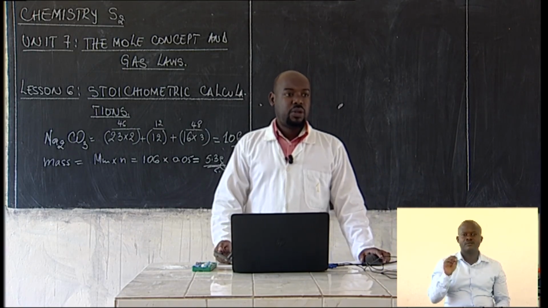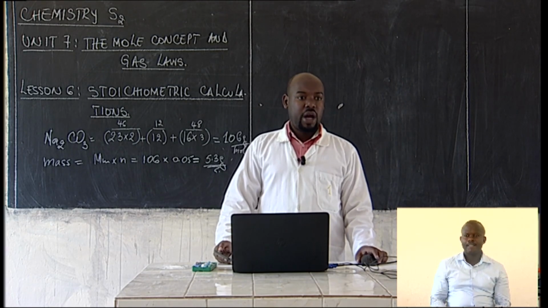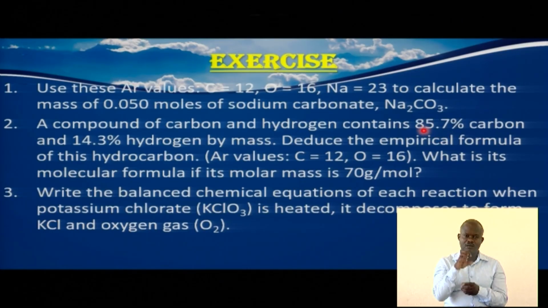And question number 2: a compound of carbon and hydrogen contains 85.7% carbon and 14.3% hydrogen by mass. Deduce the empirical formula of this hydrocarbon.